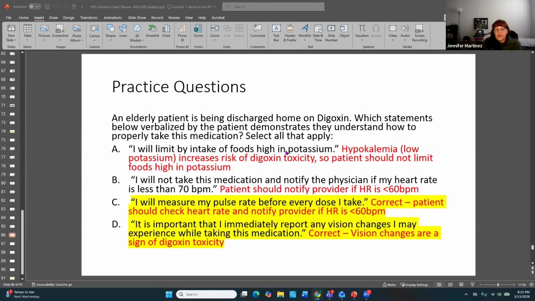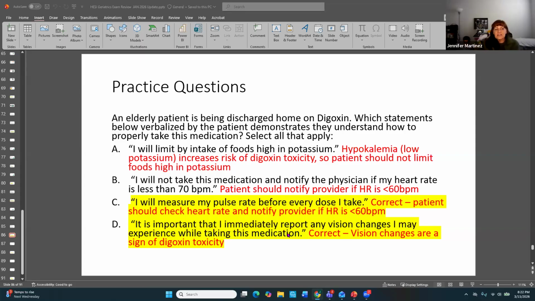So with this one, low potassium levels increase the risk for digoxin toxicity. So we want them to make sure that they are including potassium in their diet. So we don't want to limit those. It's less than 60 beats per minute. So if their heart rate is less than 60, that's when we want to report.